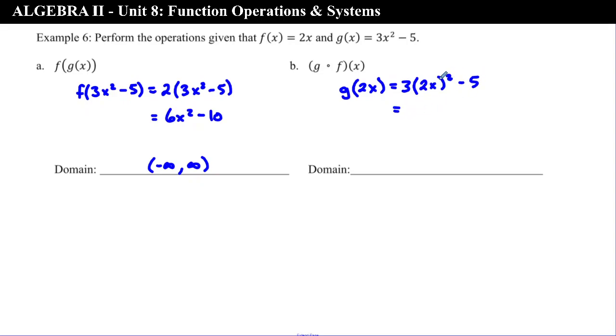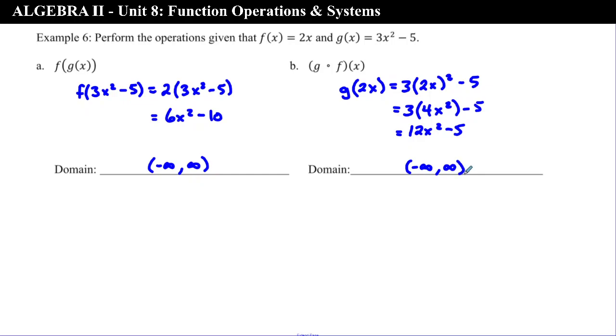So you have to do the square first. Remember, exponents before multiplication. So 2 squared is 4, times 3, x squared is x squared, and so the result you end up with is 12x squared minus 5. And again, this is just a polynomial, so the domain is all reals.